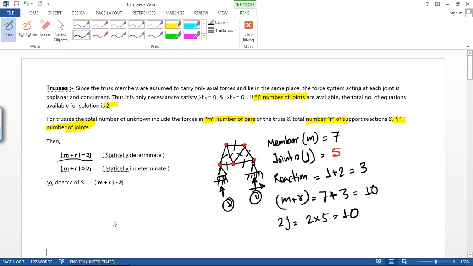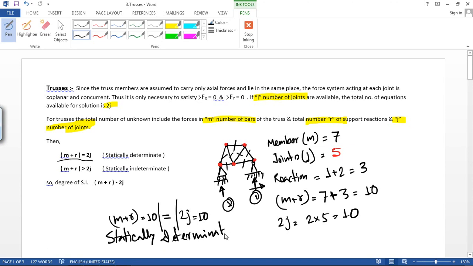So M plus R, 7 plus 3, is equal to 10, and 2J, 5 joints, is 10 also. So we can say it is a statically determinate structure.